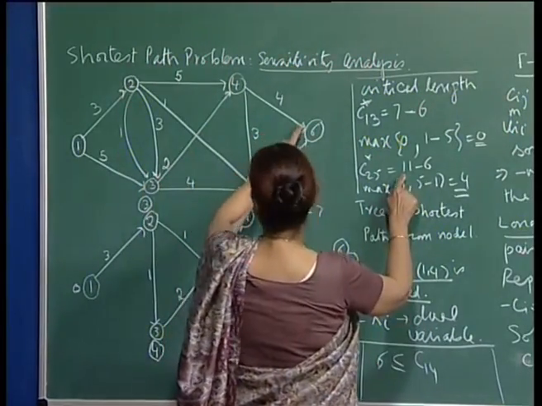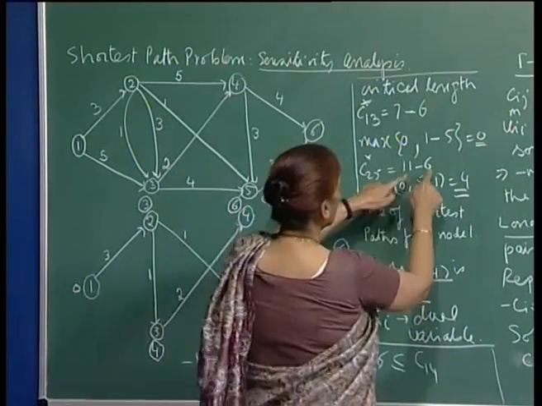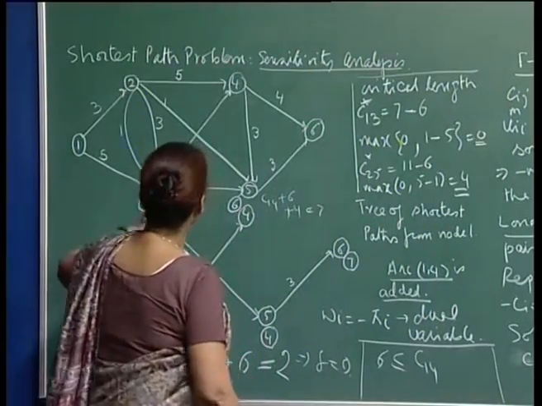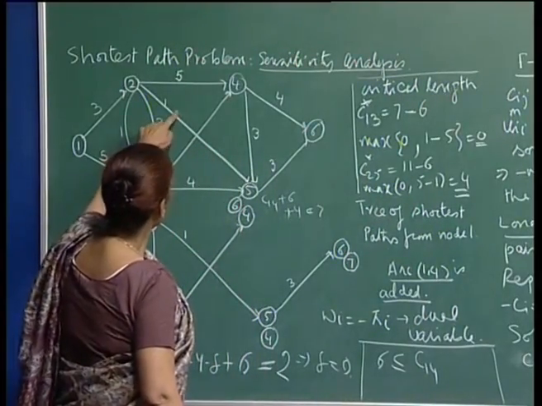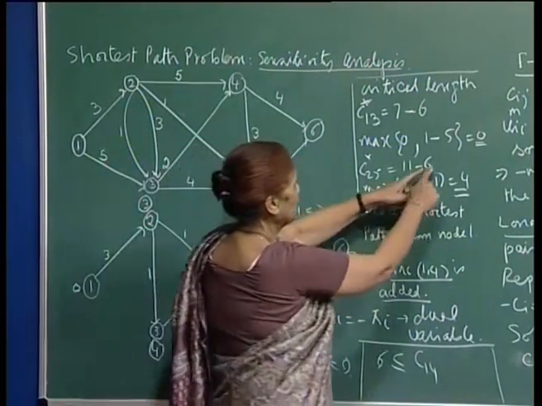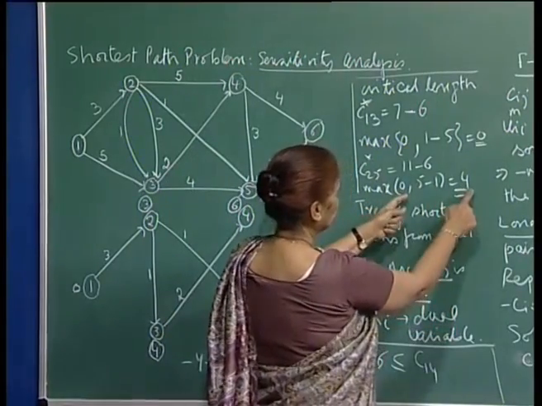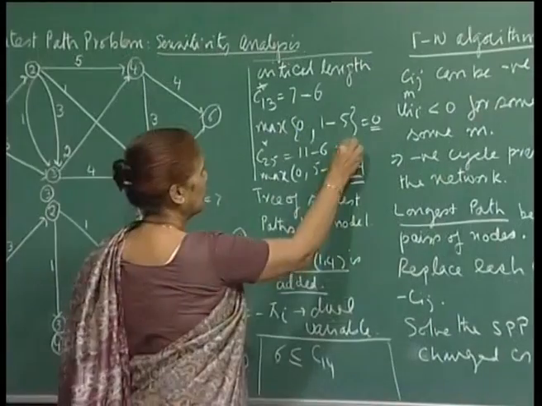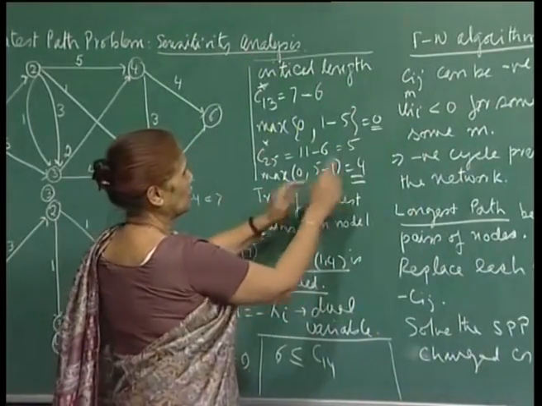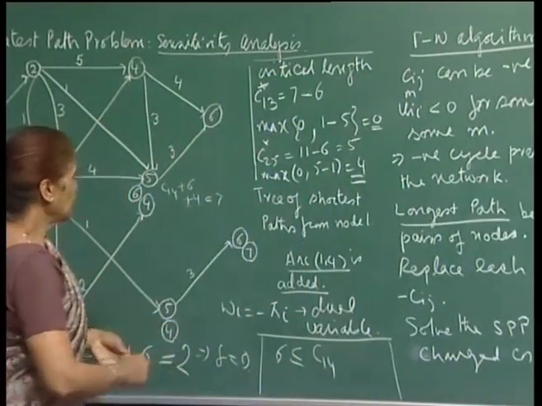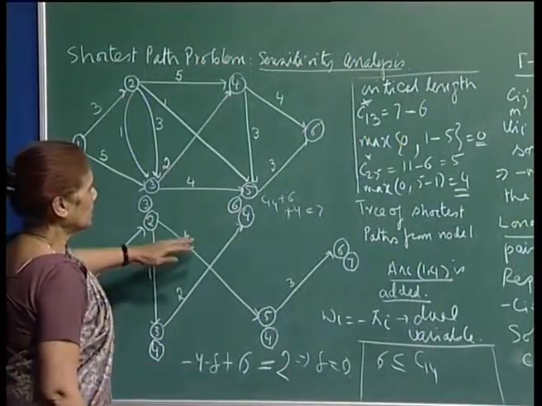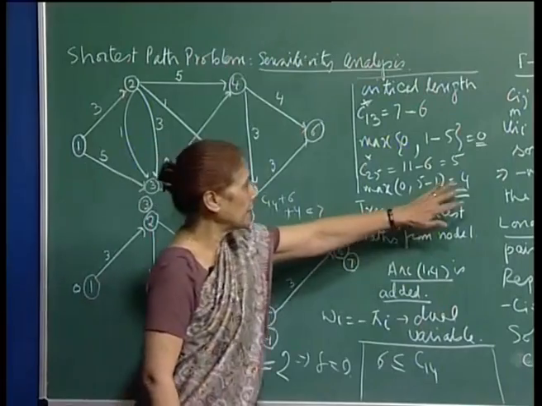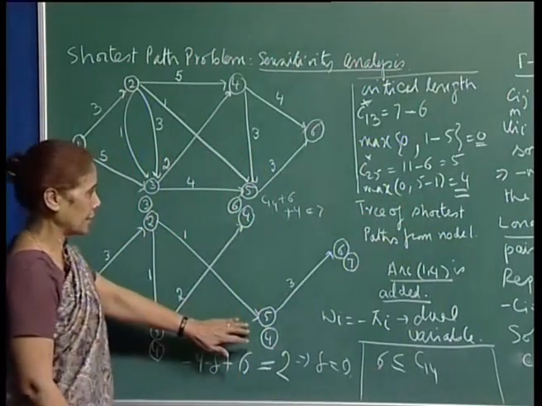So this is 11, because 2 5 is not figuring, and W 0 is 6, because this number is 1. So it becomes 0. Therefore, the length of the path will be 6, and so this is equal to 5, and so max is 4. Therefore, the shortest path length will go up by 4 if the arc is destroyed.